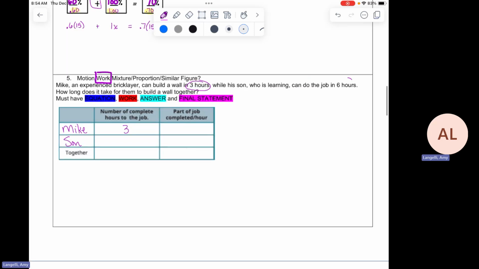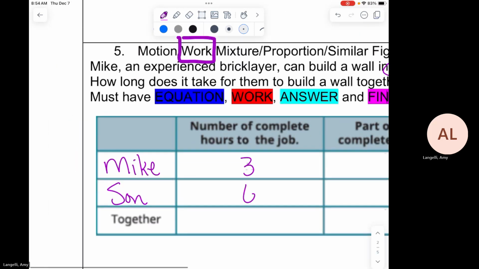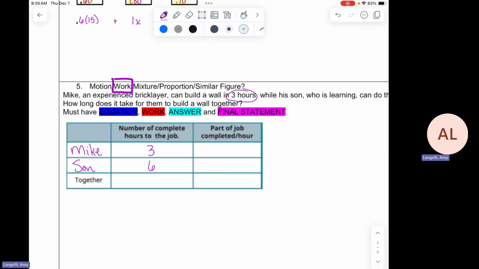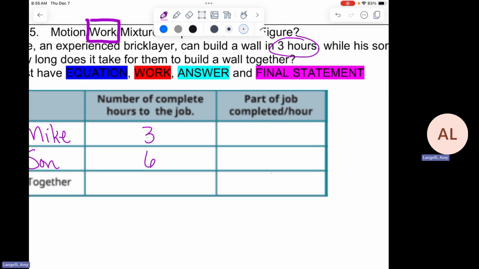What about this 6? All right. That's actually all they gave us. What is the part of the job that Mike's going to complete? What goes here? What goes here?